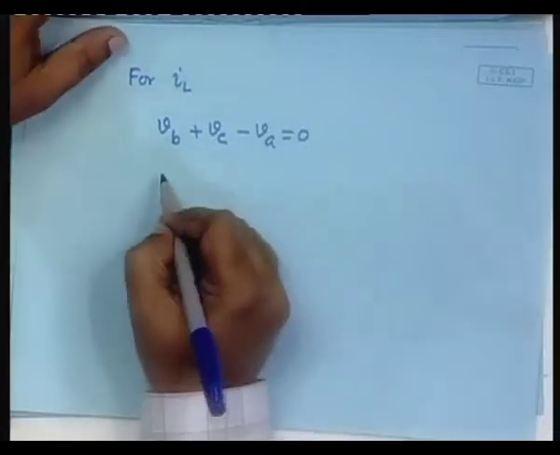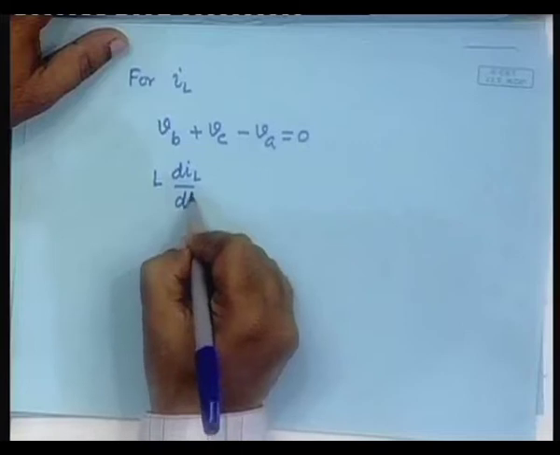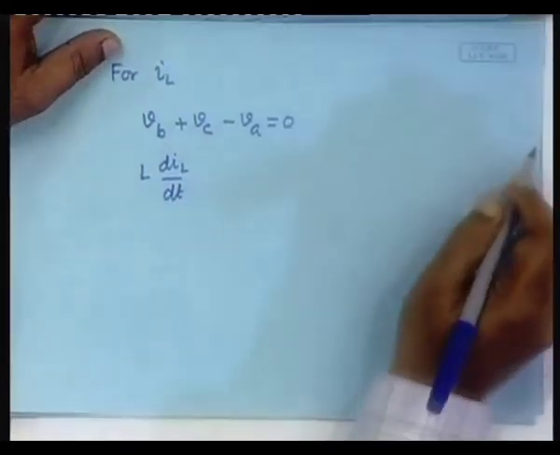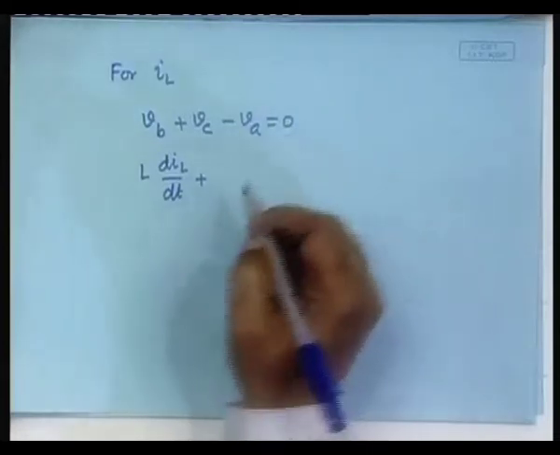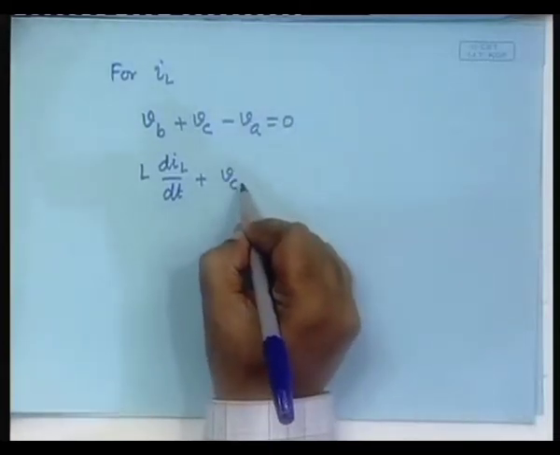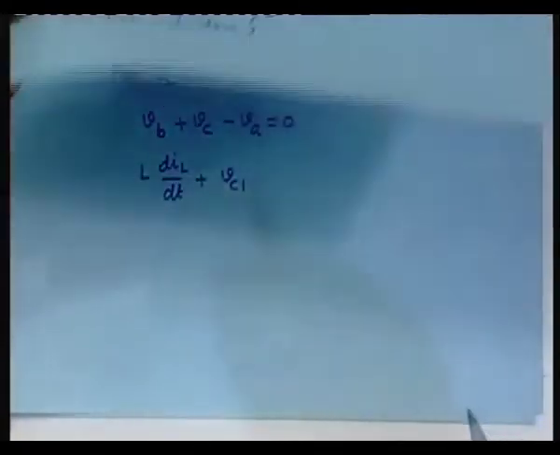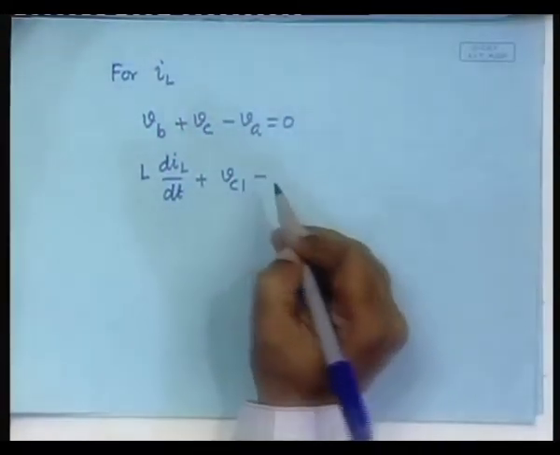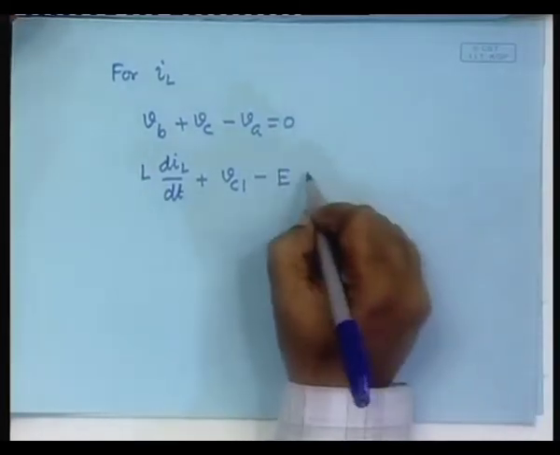Now, your VB is L dIL/dt. So, we have got one thing, plus VC is already known, VC is VC1, minus VA is E, equal to 0.